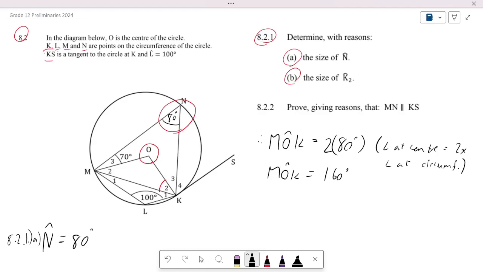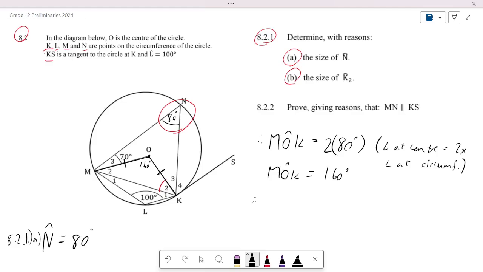Now that we have that angle, I'm going to write it down: it's 160 degrees. Now what we can see is that MO and KO are radii, because they both go from the circle center to the circumference, which makes them radii. So this side is going to be equal to that side.